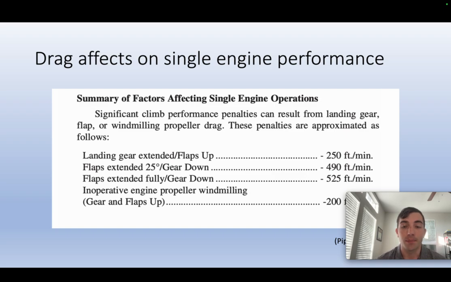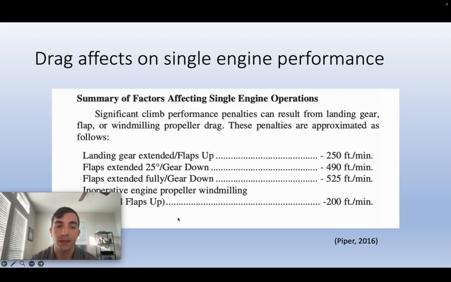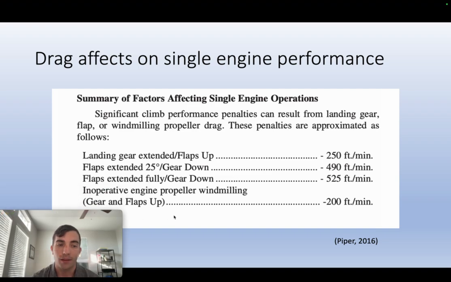This is from the Piper Seminole POH, and this just shows you if you do any of these operations wrong, you're going to have a severe drag penalty. We already talked about if we're close to max weight, we're only going to have a 200 foot per minute climb rate, and so if we don't feather our engine, there goes that entire climb rate. So we're only going to be able to maintain altitude at our service ceiling.